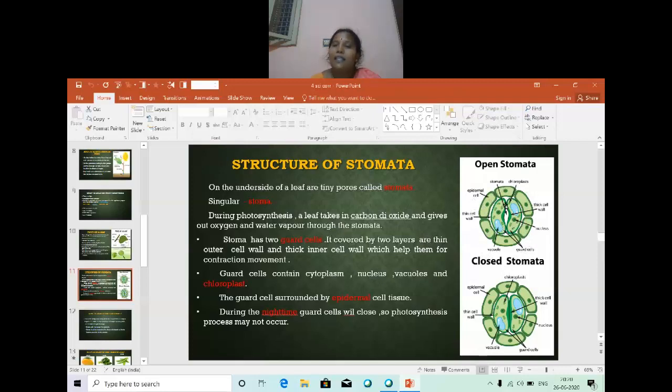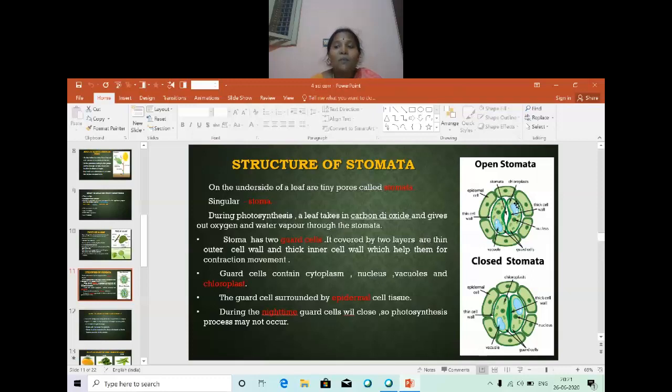So, inside the guard cell, it has the cytoplasm. Cytoplasm is a jelly-like substance. This cytoplasm has one nucleus, one vacuole, and some other organelles present inside it. Vacuole means empty space.